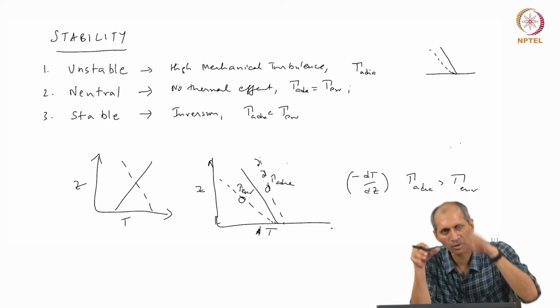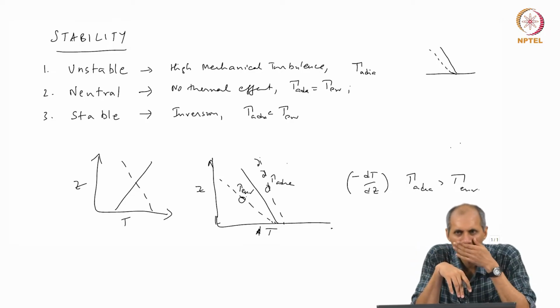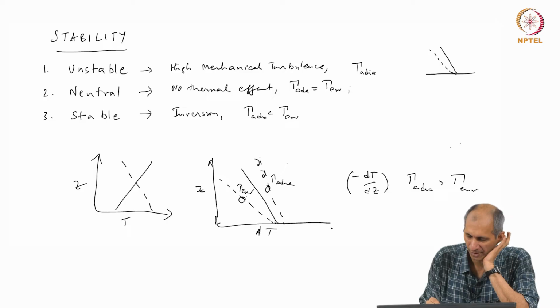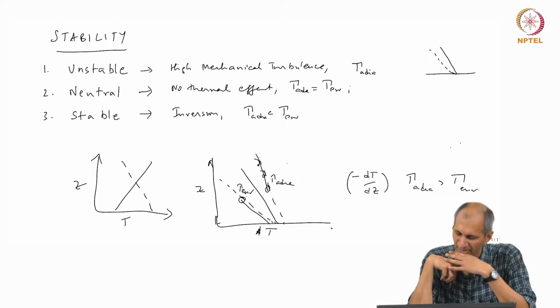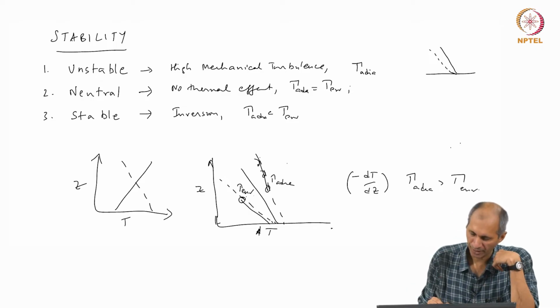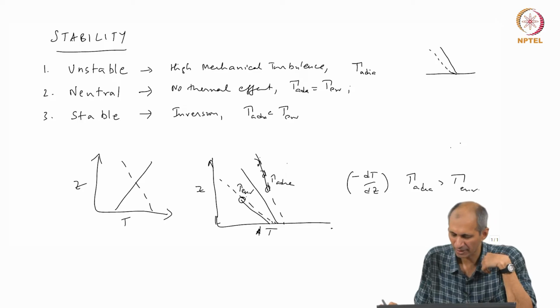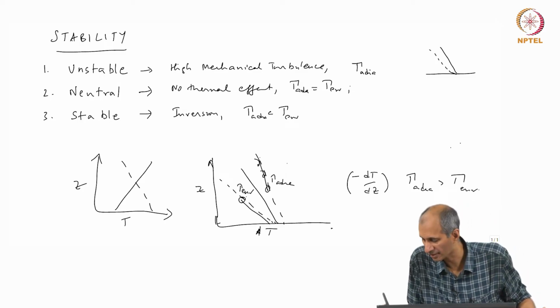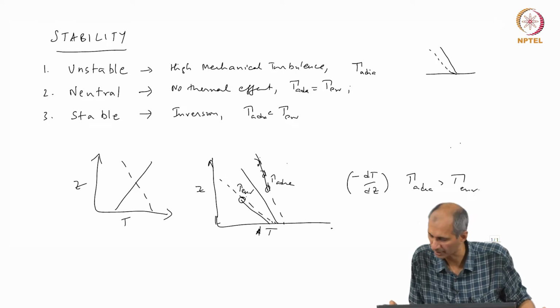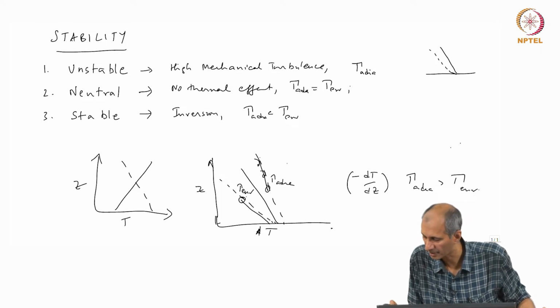If it gets pushed, it will go in whichever direction is favorable. If it is on this one, if it gets pushed, it will keep going up. If it gets pushed here, it will keep going down. The relevance to the environment comes when there is a mixing height. So we will look at that in a series of images.